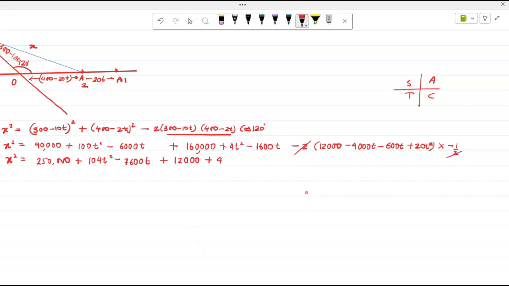So it will become plus 4600t. Correct? Correct. And plus, because minus and minus become plus, no? Yeah. Minus and minus become plus, so this t, correct, and this will become plus, so 20t square.